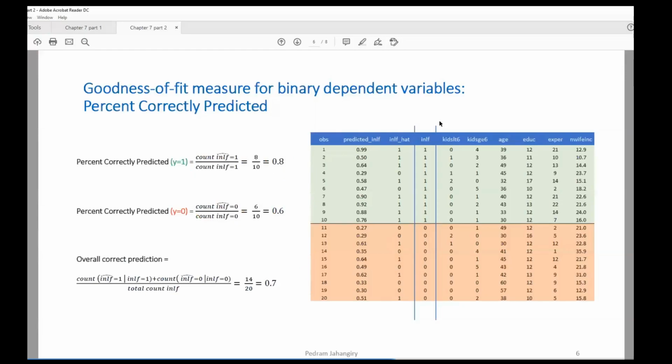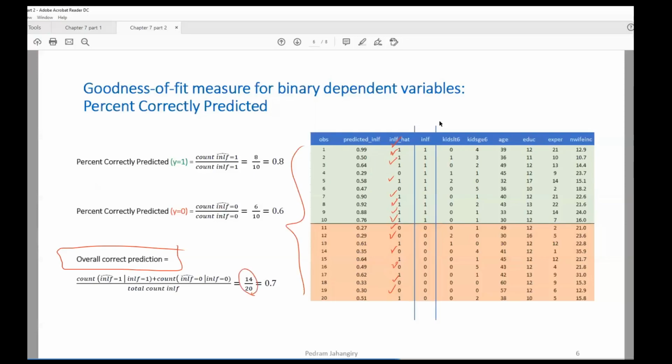Now, finally, this is what we usually use, overall correct prediction. We call it accuracy. And basically, it counts the number of correct calls. 1, 2, 3, 4, 5, 6, 7, 8, 9, 10, 11, 12, 13, 14. I have 14 correct calls out of what? Out of 20.